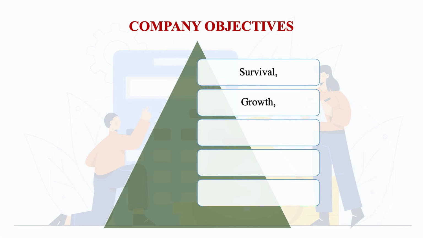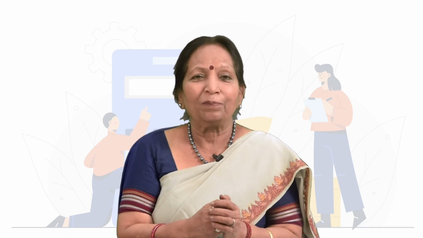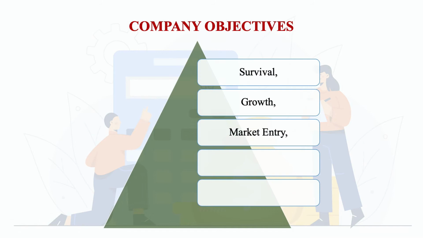If your objective is growth, then again, we talked about this in the last session, you begin with a small price margin and then you keep on increasing your margins as your demand multiplies. If your objective is market entry, you can have two kinds of pricing approaches.